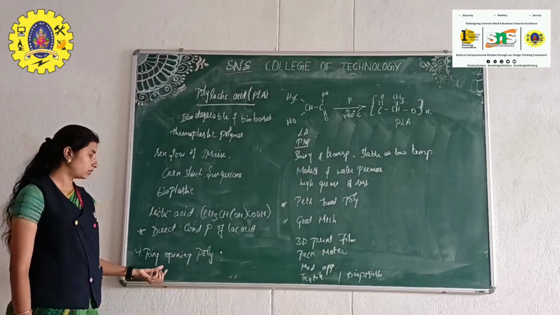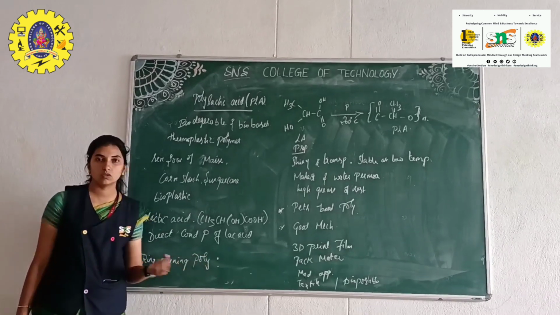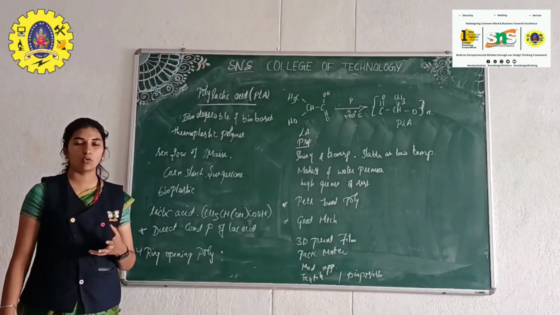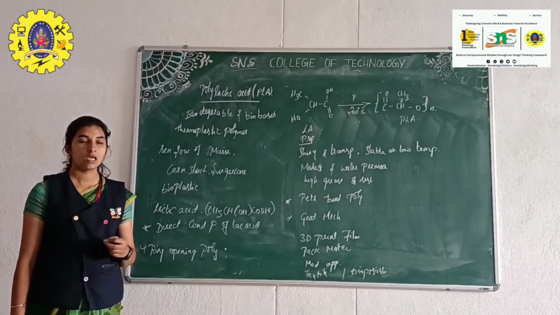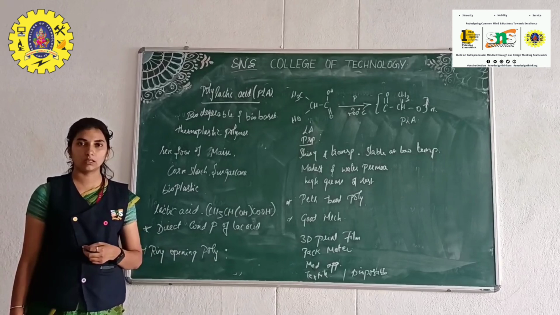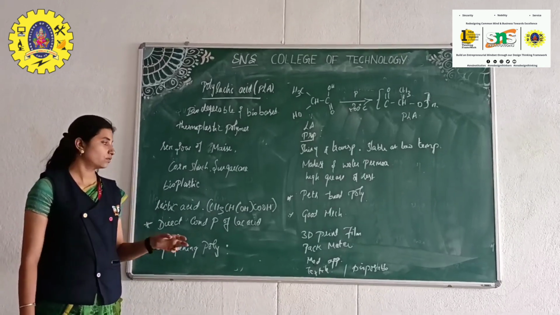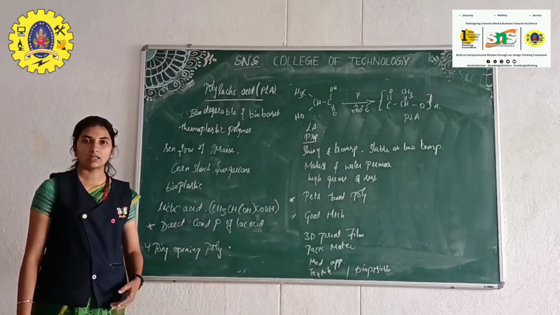Direct condensation is used to form the monomer from lactic acid as a source of bio-based plastics, and ring opening polycondensation uses the OH and COOH groups to form polylactic acid.